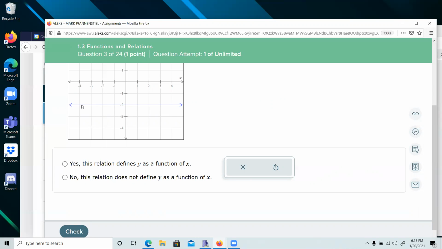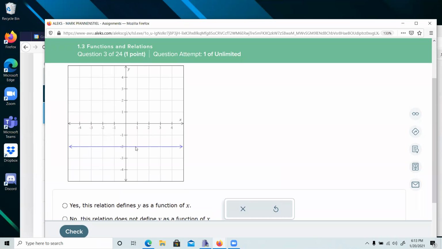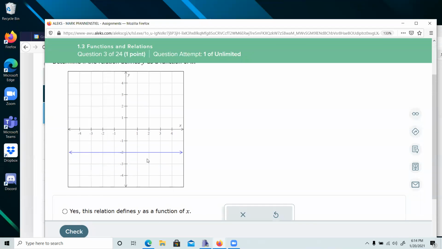So if I'm trying to figure out how much people owe me, I could lump all the people that owe me $2 into one group, and they would owe me $2. You wouldn't owe me $2 and $3, right? This is all the people that just owe $2. Okay, so even though they're all mapped to the same thing, that's fine. It's still a function. When you map one person to $2 and $3, then you have problems. Okay, so that wouldn't work out.